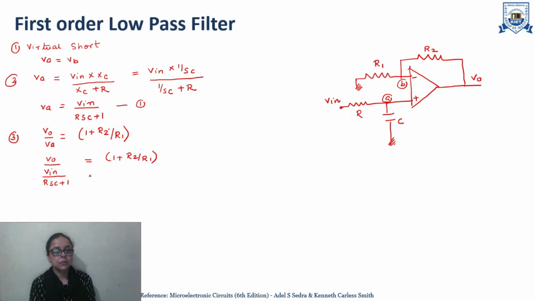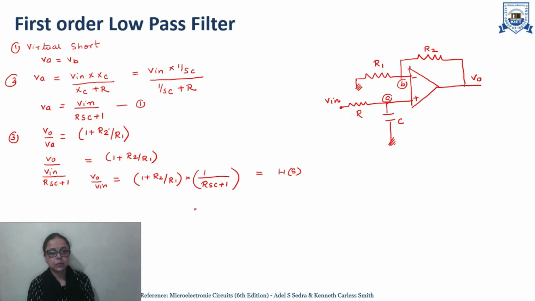Now, from this VO upon V in, it will be 1 plus R2 by R1 into 1 upon RSC plus 1. So, the final transfer function of this filter VO upon V in is given by this expression, and this is the transfer function of the filter.